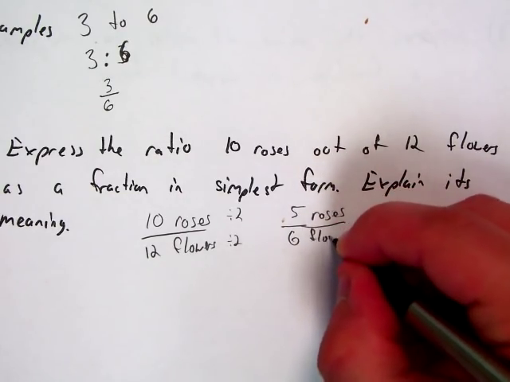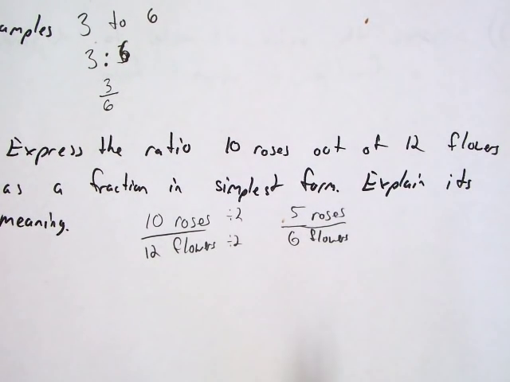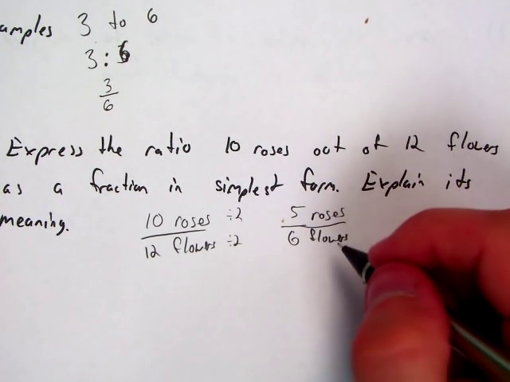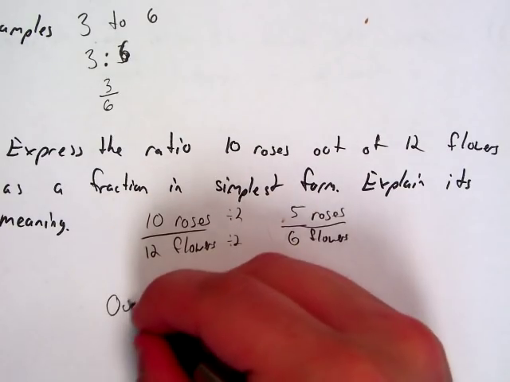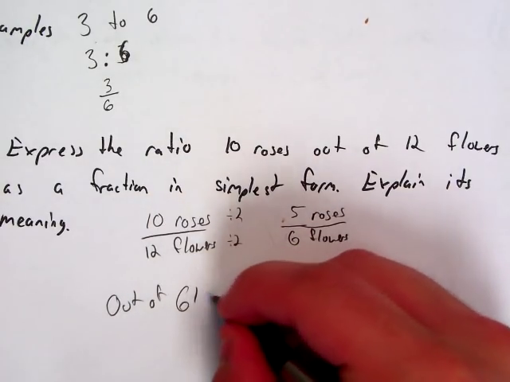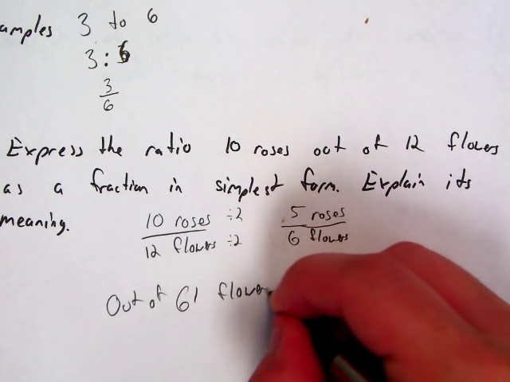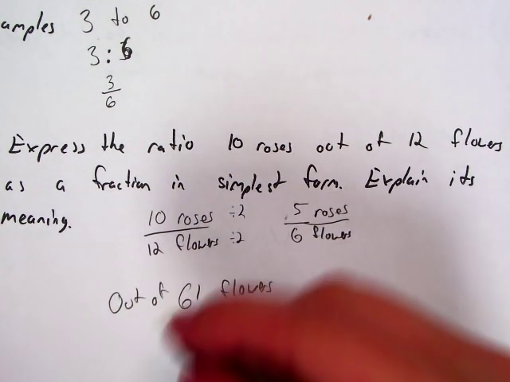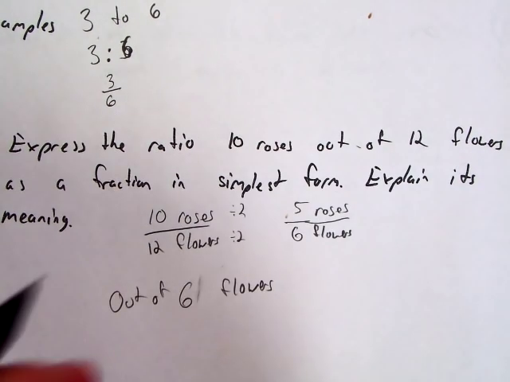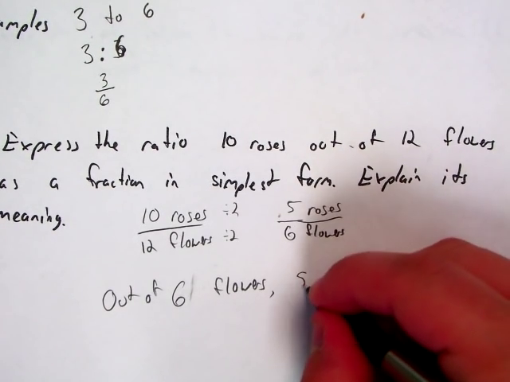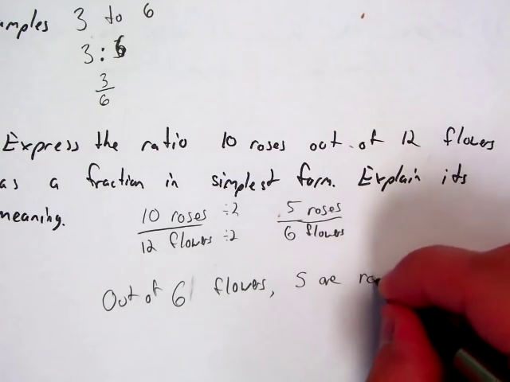Keeping the units here will allow me to explain its meaning easier, which means out of 6 flowers, five are roses.